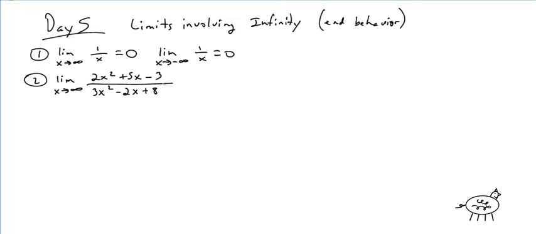As x gets bigger and bigger, the smaller terms really don't matter, because when you square a number, the squared value versus the number itself becomes more and more insignificant as the number gets bigger.